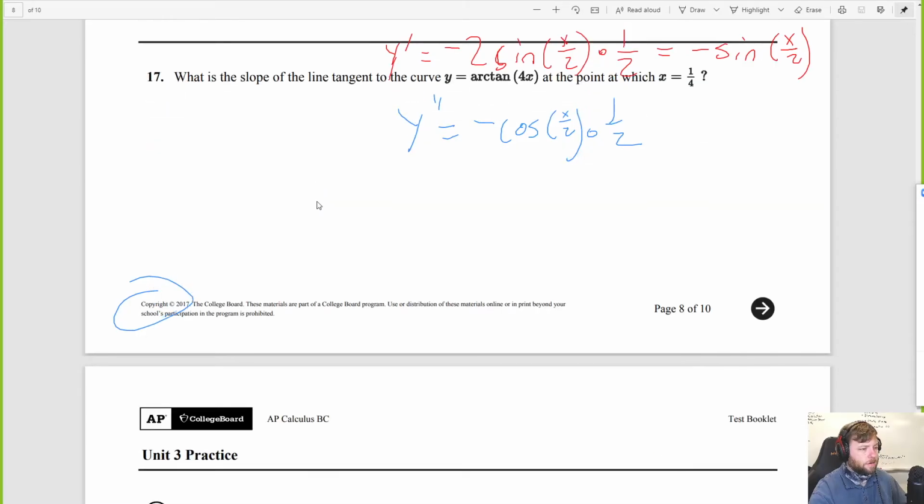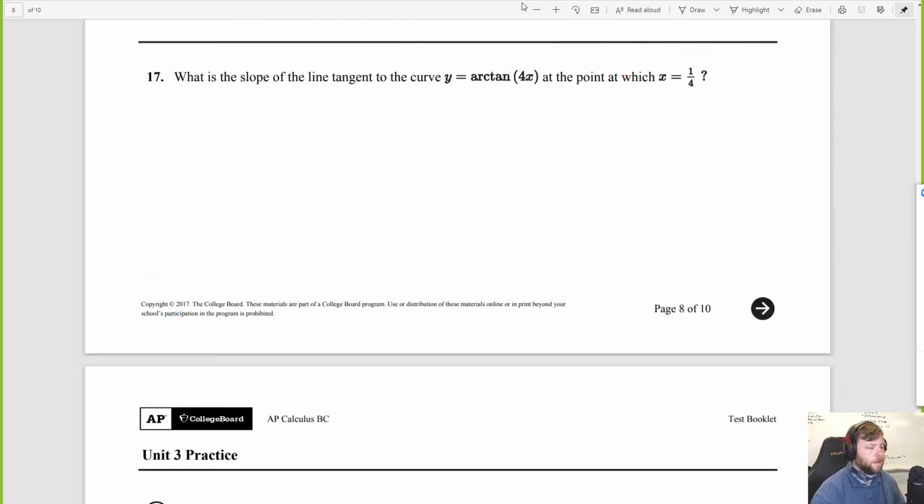All right. Oh, this looks fun. Slope of the line tangent. So when I say slope of a line, that means the derivative at this point right here. It just means the derivative. Derivative of arctangent is 1 over 1 plus x squared.